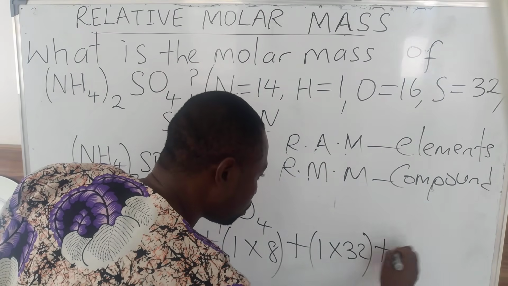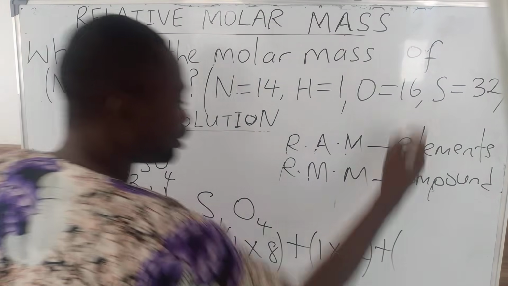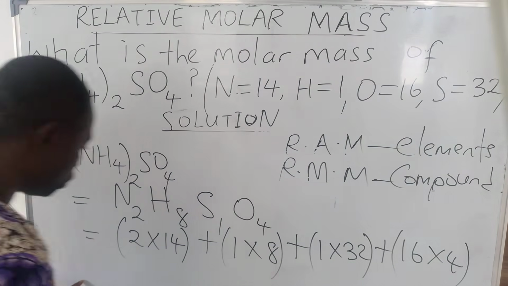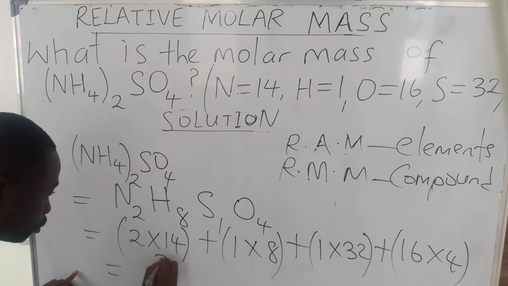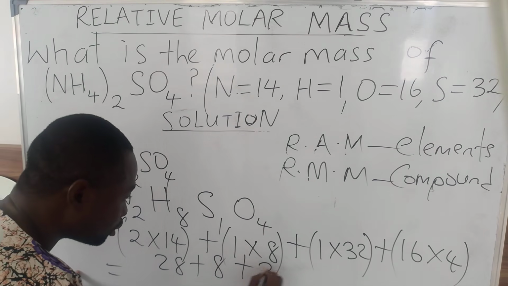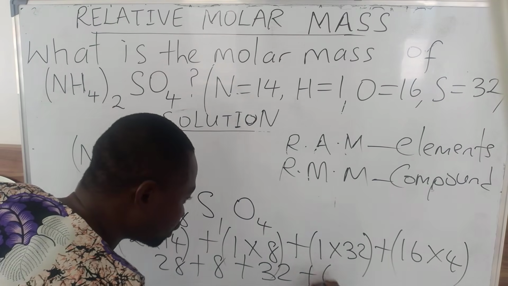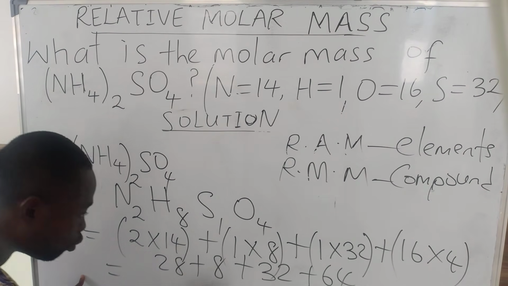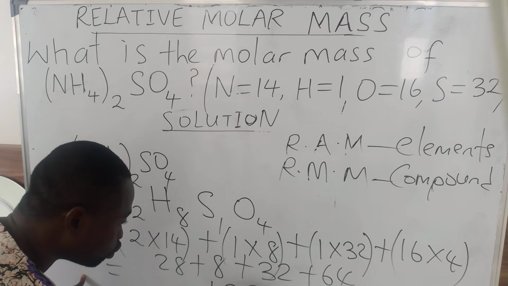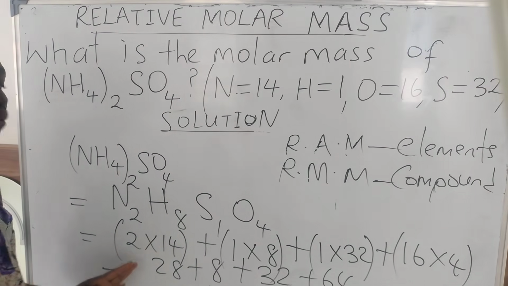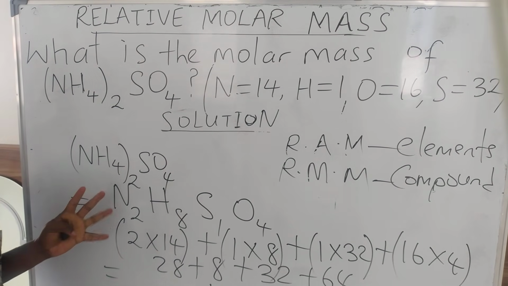And finally plus O is 16, 16 times 4. So when you add them together, you have 28 plus 8 plus 32 plus 64. And the final answer will be 132 grams per mole.